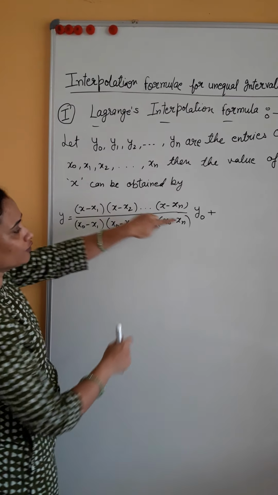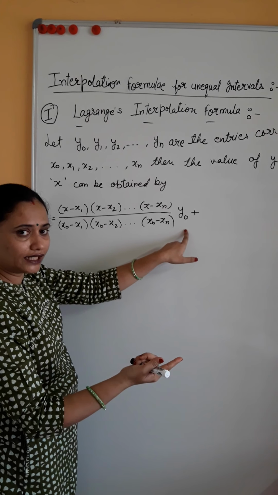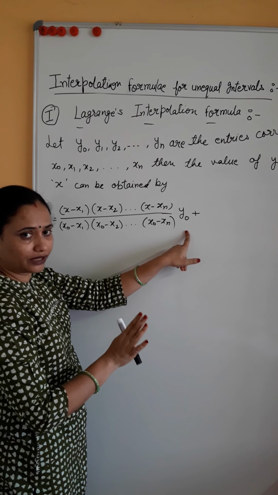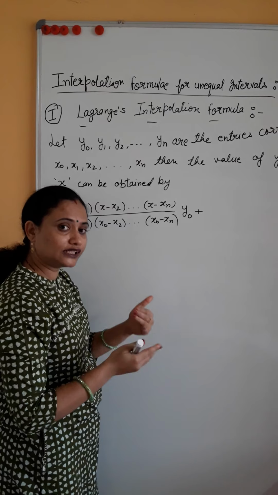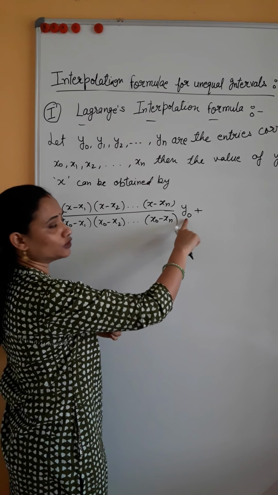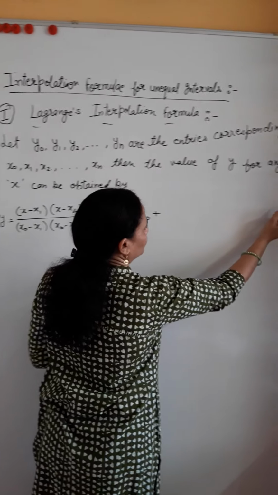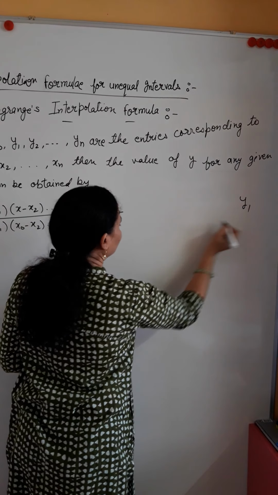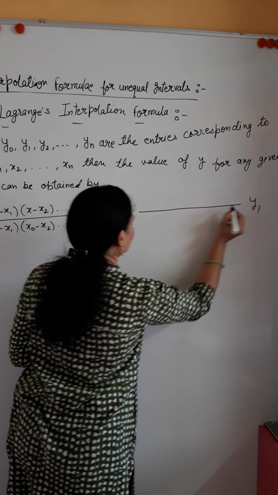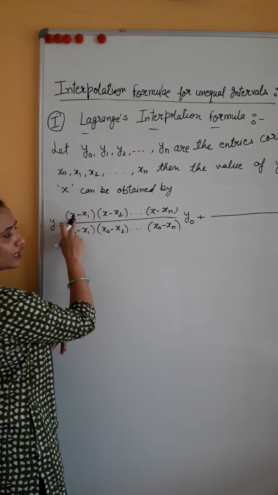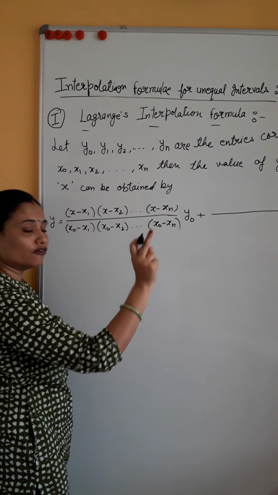y0 we have used. Now which one do I have to write? I hope you are trying to write it before me, or at least say it with me. It is y1. If I write y1 here, which value should I leave? For y0 we left x0, so now we leave x1.